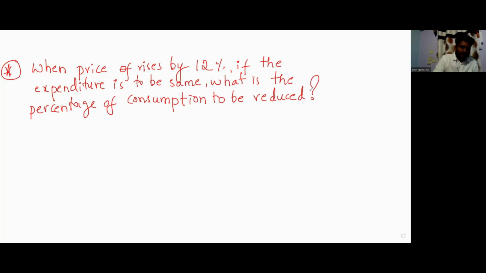What is the percentage of consumption to be reduced? Try this.